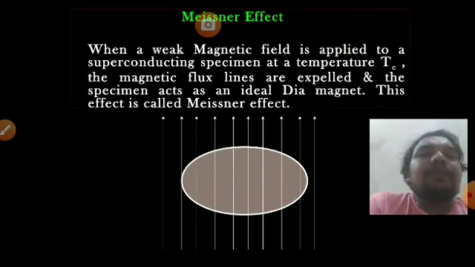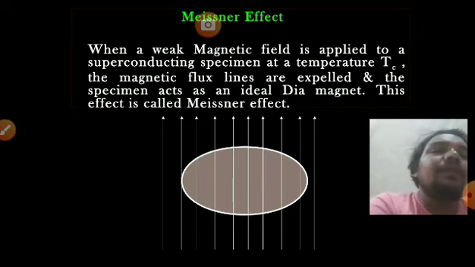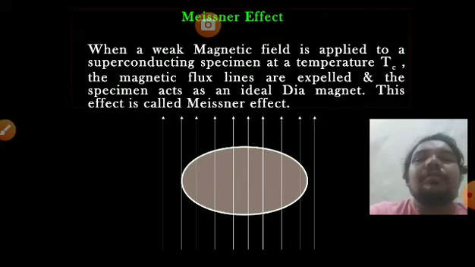The Meissner effect: when a weak magnetic field is applied to a superconducting specimen at the temperature Tc, the magnetic flux lines are expelled and the specimen acts as an ideal diamagnet. This effect is called the Meissner effect.